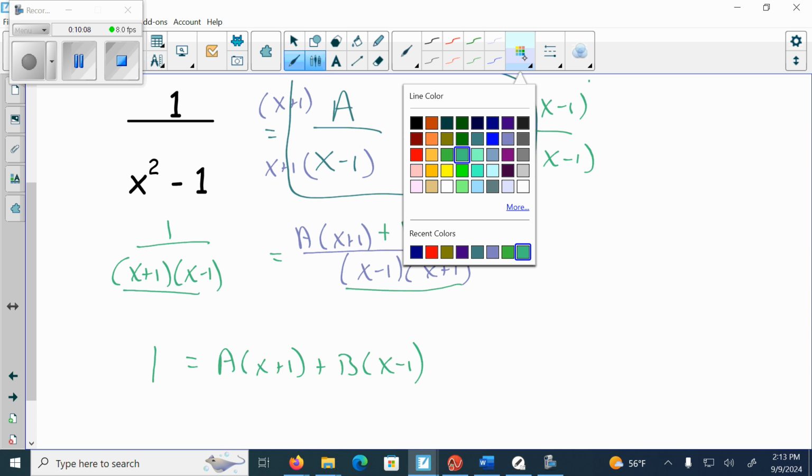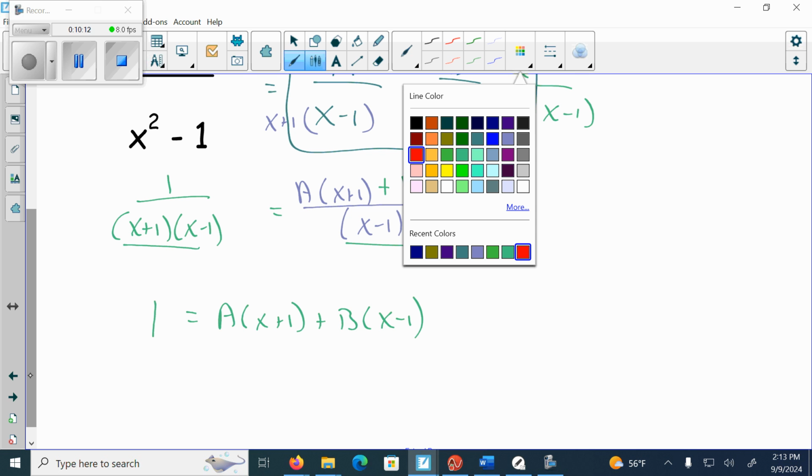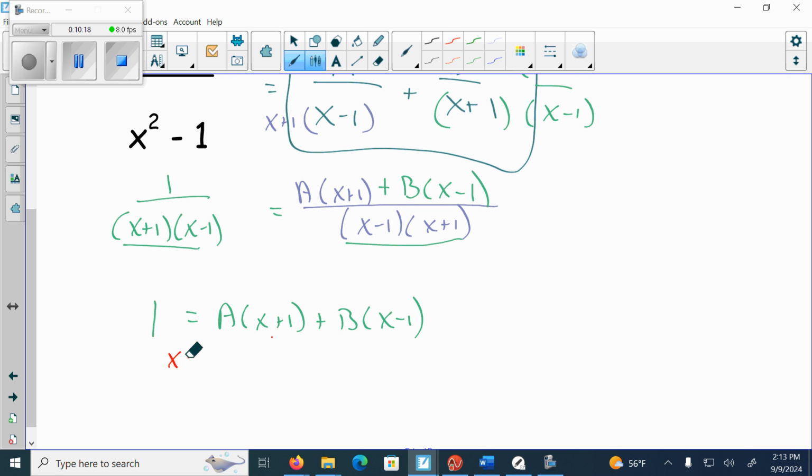So if I look here and I ask myself, what would make this factor equal to 0? If x was equal to what would make that factor 0? -1. So let's suppose x is equal to -1. Any place I see an x, I'm going to substitute -1. If I had x's over here on the left side, I would make them -1, but I don't have it.